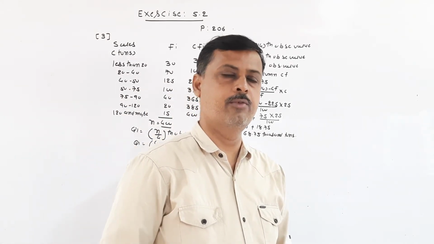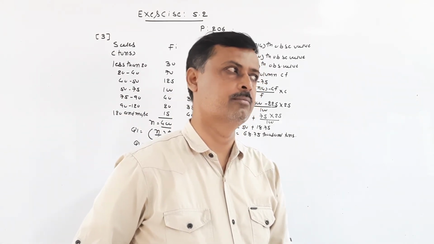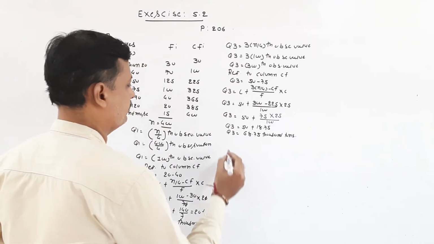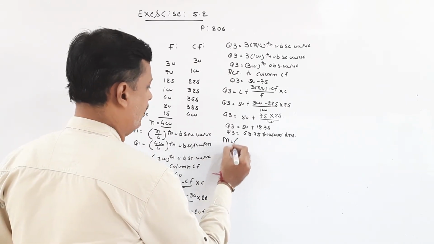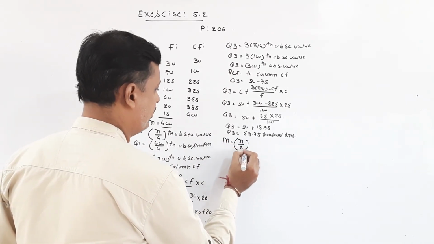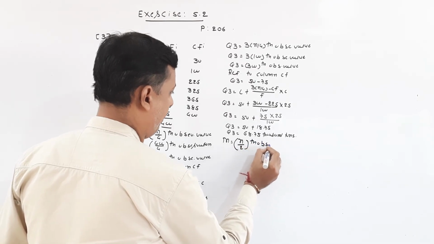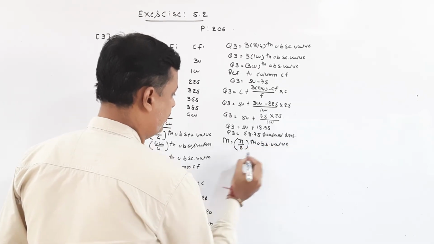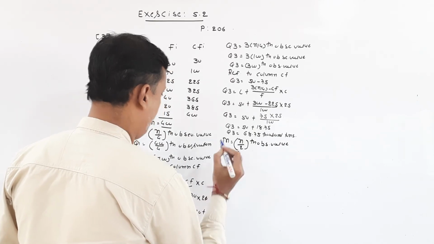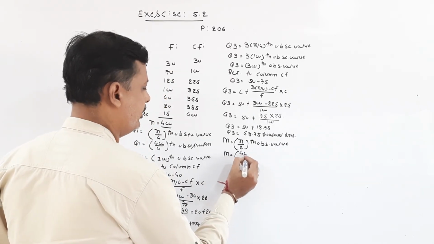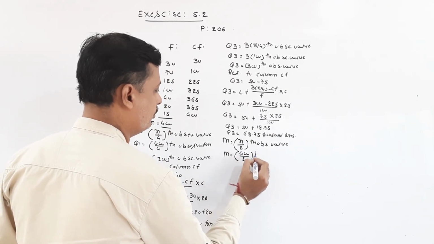Now median is required, M is required. M is equal to n by 2 observation value, and that is 400 upon 2.